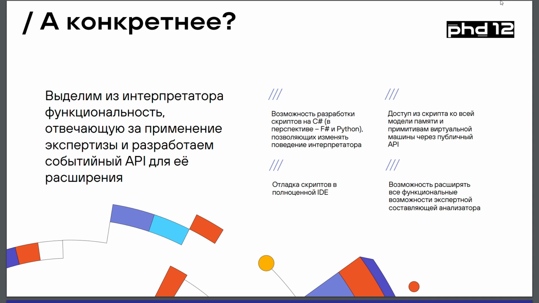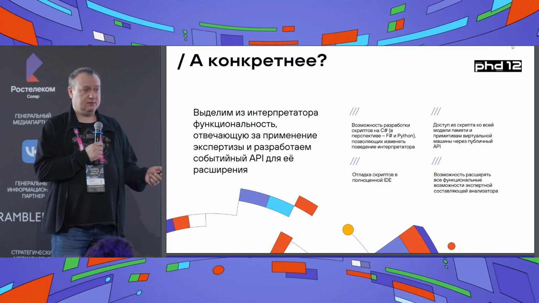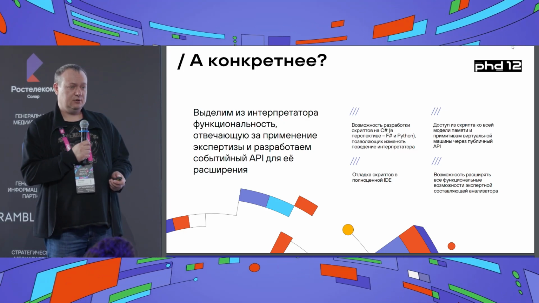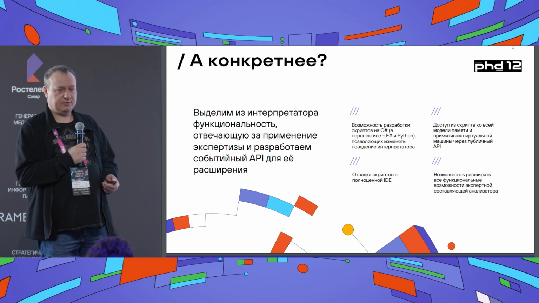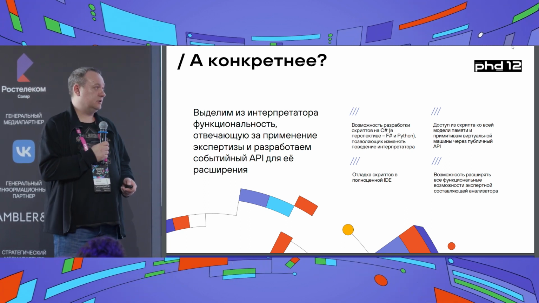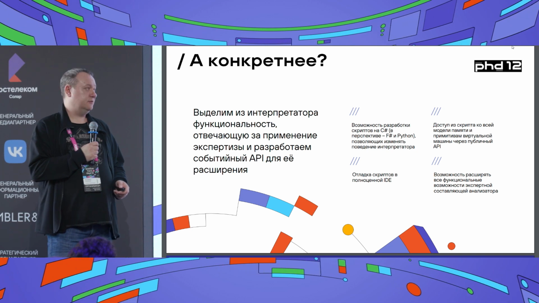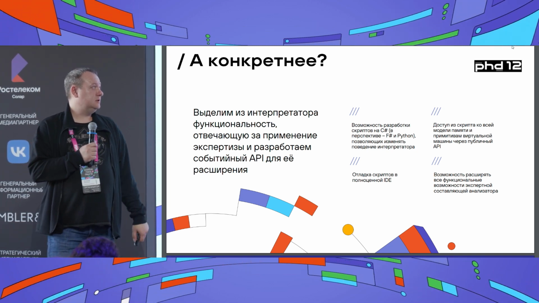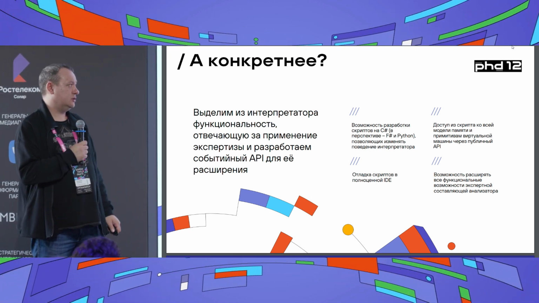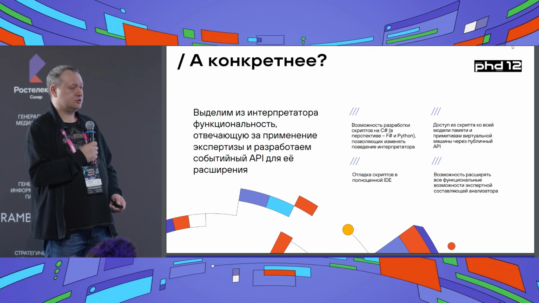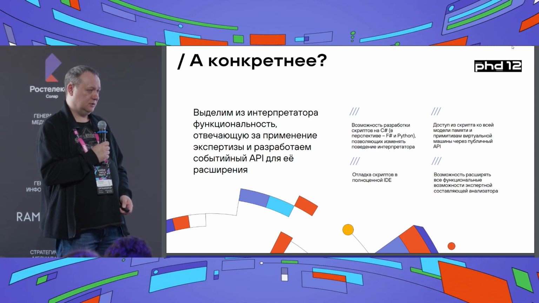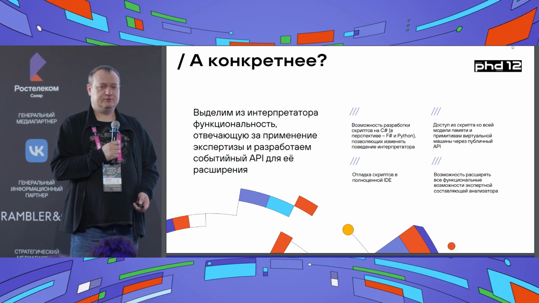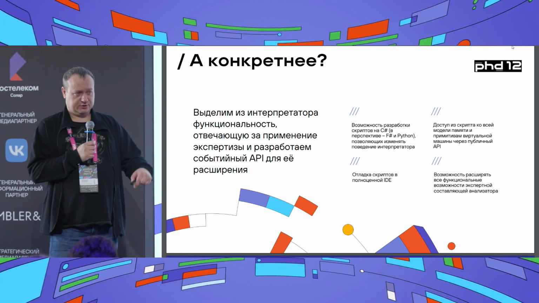So what we did, instead of the code query language, we developed a set of plugins to the interpreter that help enhance its functionality almost without any limits. The scripts are written in C#, and we are thinking of adding F#, but it's not a given, and also perhaps supporting Python.